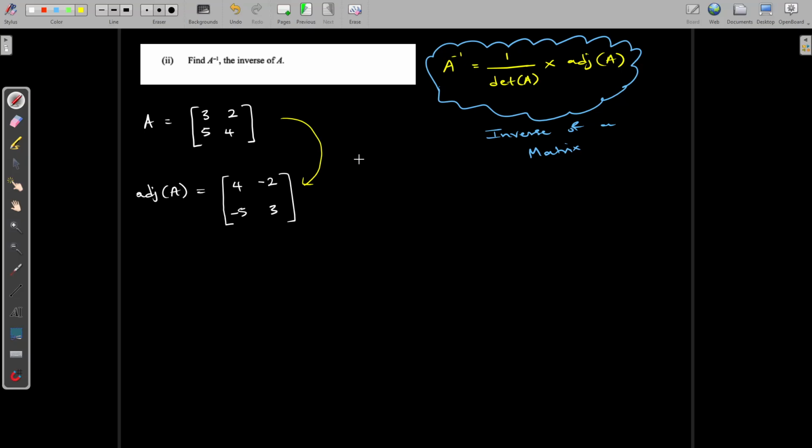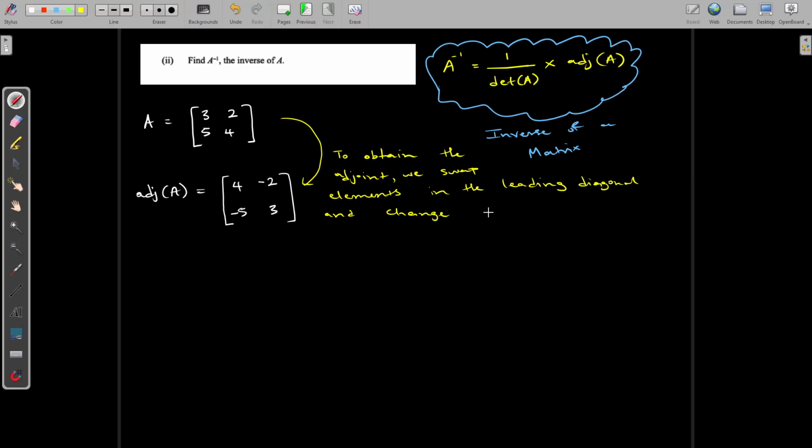Because there's a rule. So to obtain the adjoint, swap elements in the leading diagonal and change the signs of the elements in the non-leading diagonal.